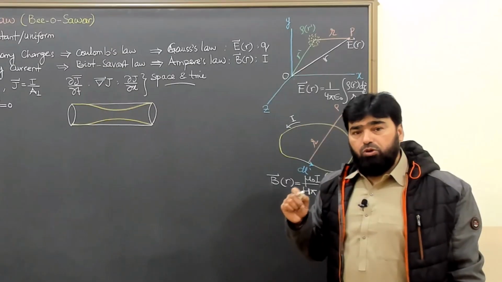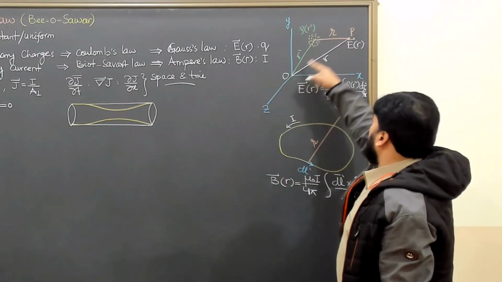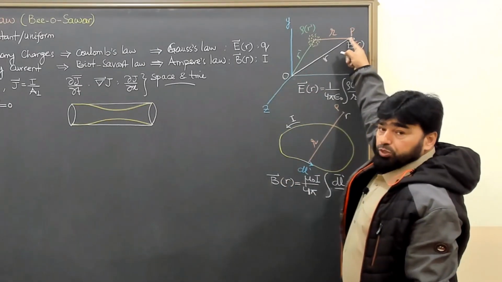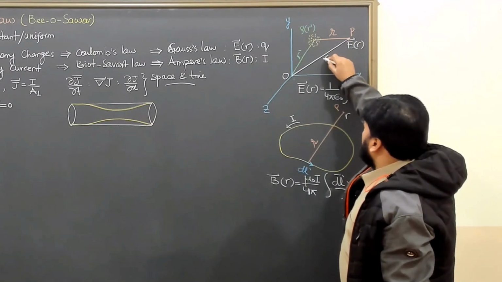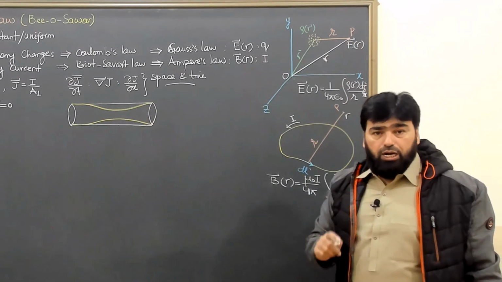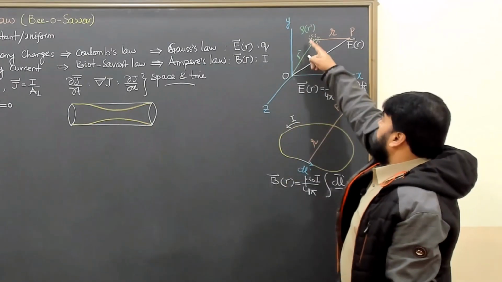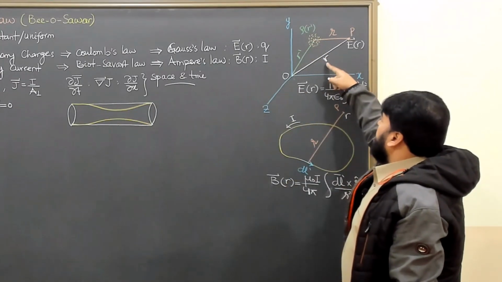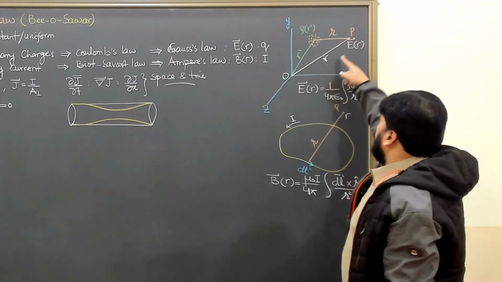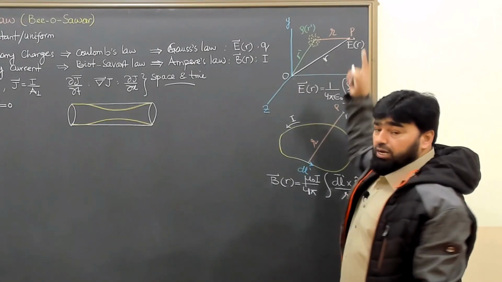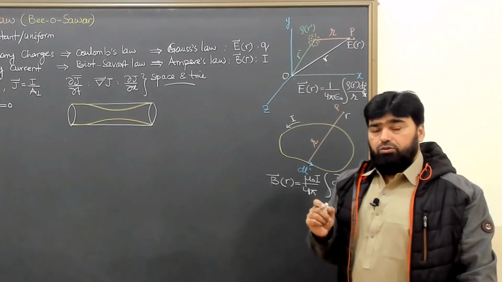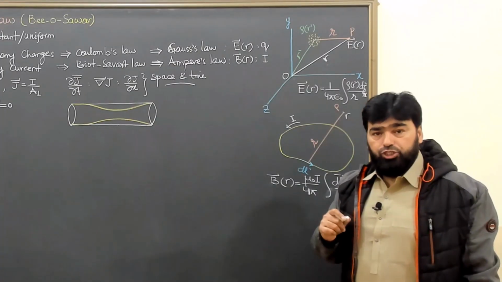We look at our observation point from the origin, and that distance is equal to r, the same r which I have written primed here and unprimed here. So E will be a function of r, the r which is the distance from the origin.